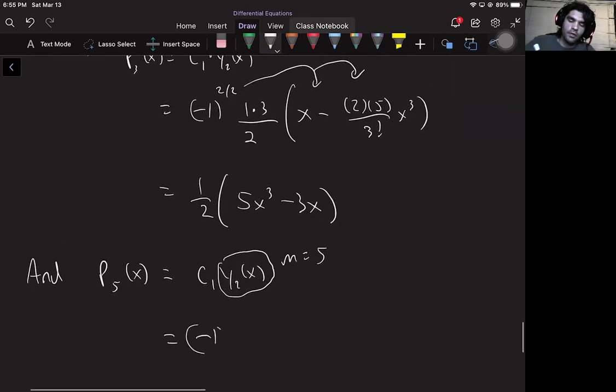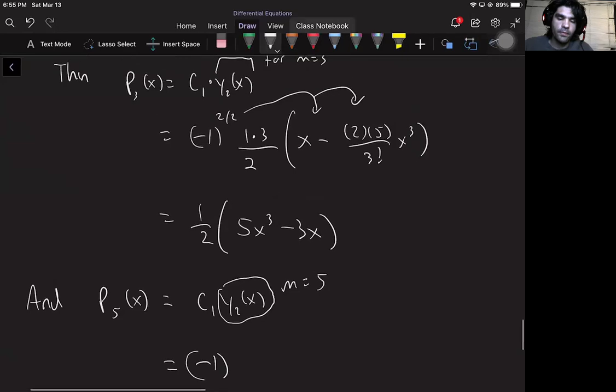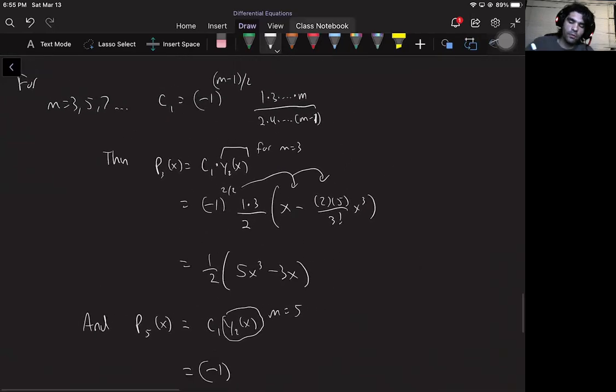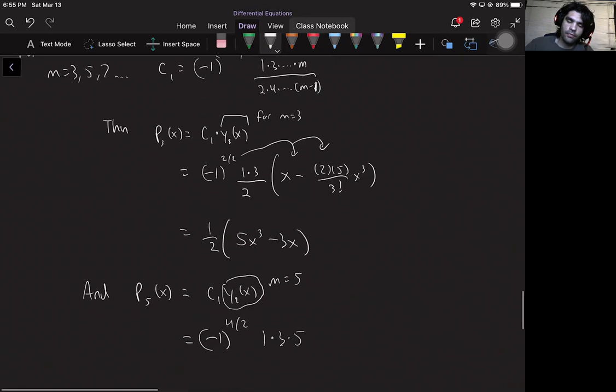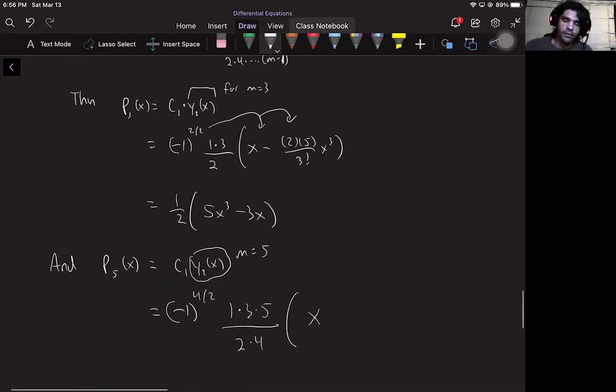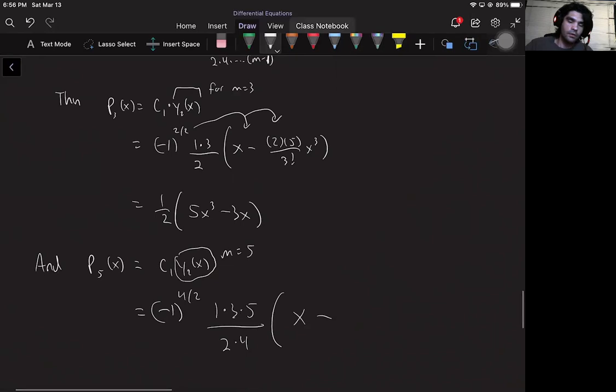So this is -1 to the power of 5 minus 1 is 4, times 1 times 3 times 5 over 2 times 4. And now the polynomial that we wrote earlier, x minus 4 times 7 over 3 factorial x to the third.